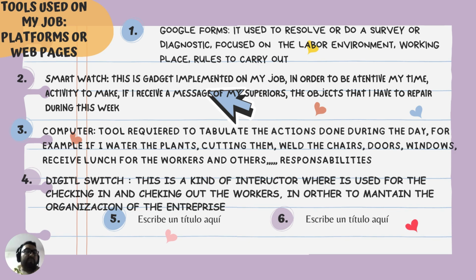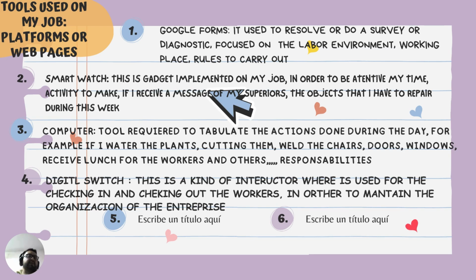The first one, in my job, is that we sometimes implement Google Forms. One aspect is to do a kind of diagnostic. The second is about the environment where I'm working. I could also do a survey or focus group to describe the rules about the enterprise or some places that need to be repaired.